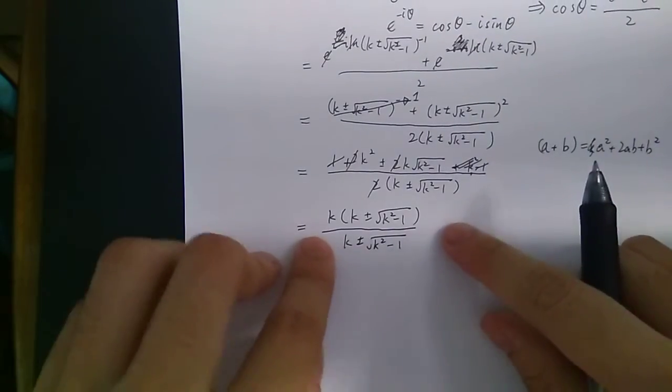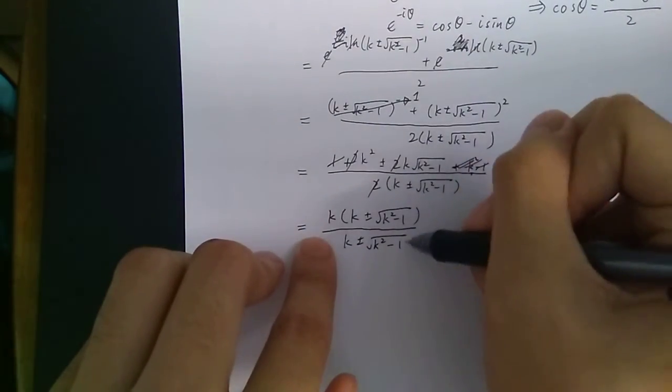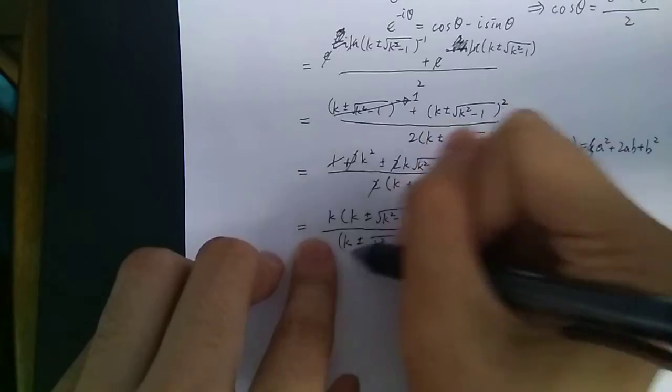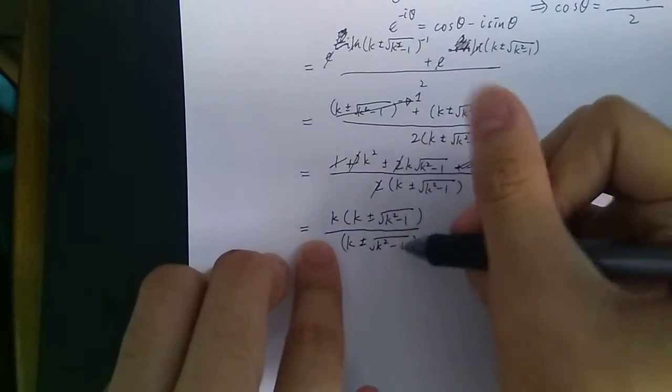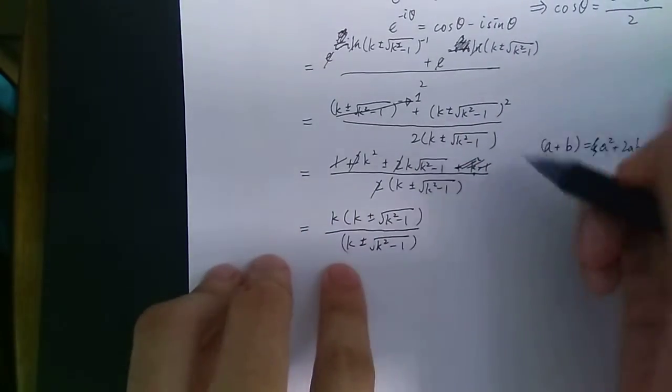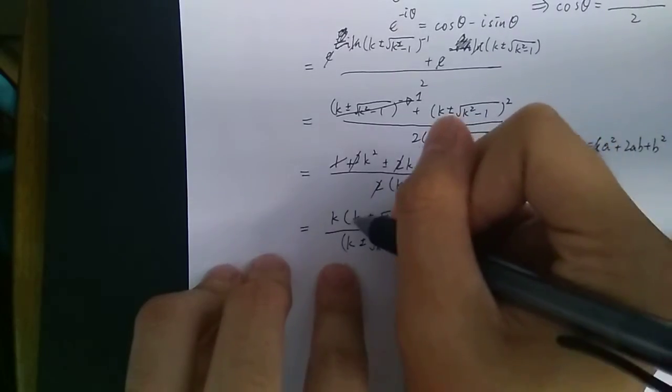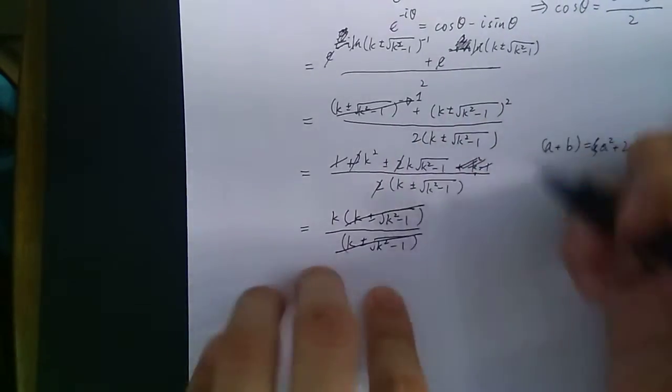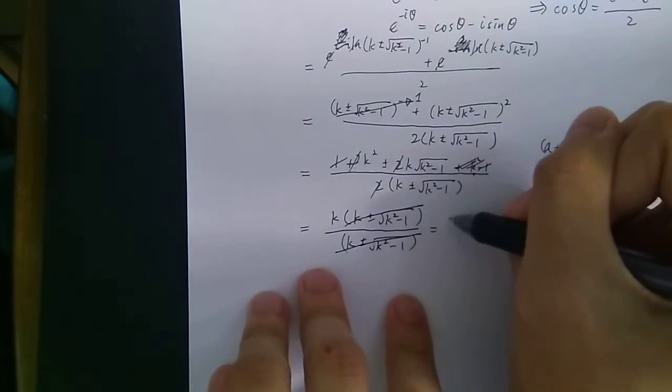And here's the deal, you can see they are the same, k plus or minus square root of k squared minus 1, and then we can cancel them out, and finally we'll get k.